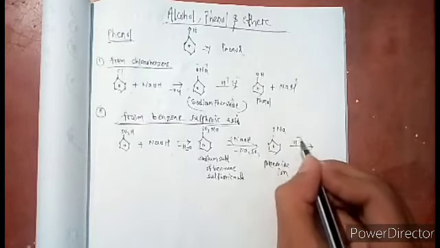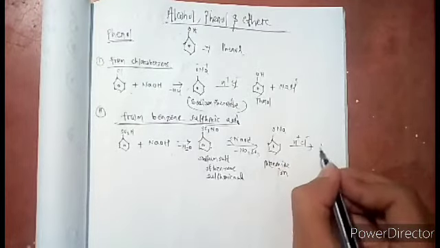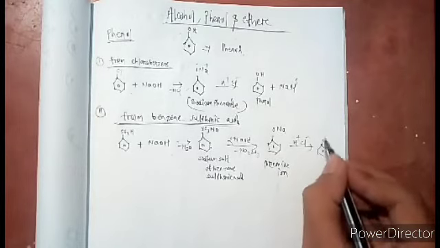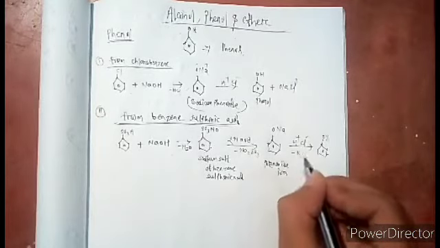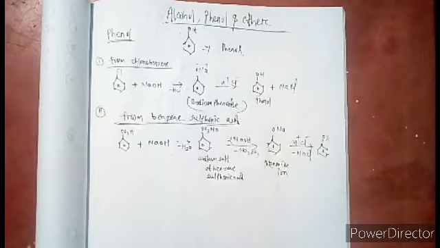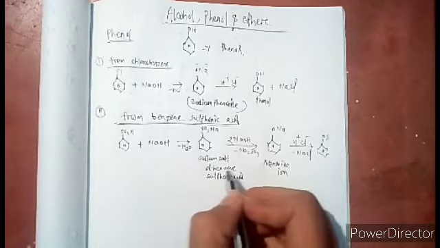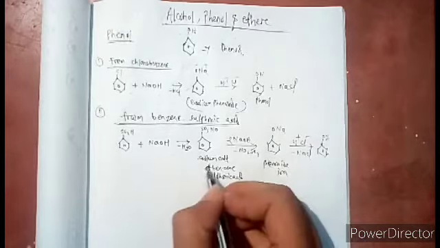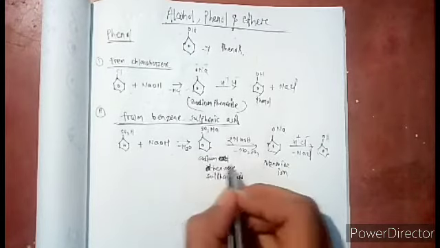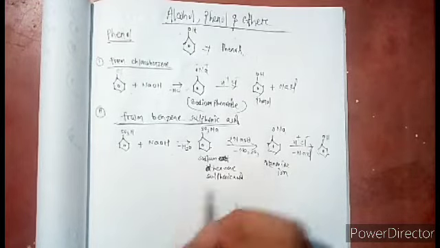Then on reacting with hydrogen chloride, it results in phenol with the removal of sodium chloride. Sorry, this is the sodium benzene sulfonic acid.